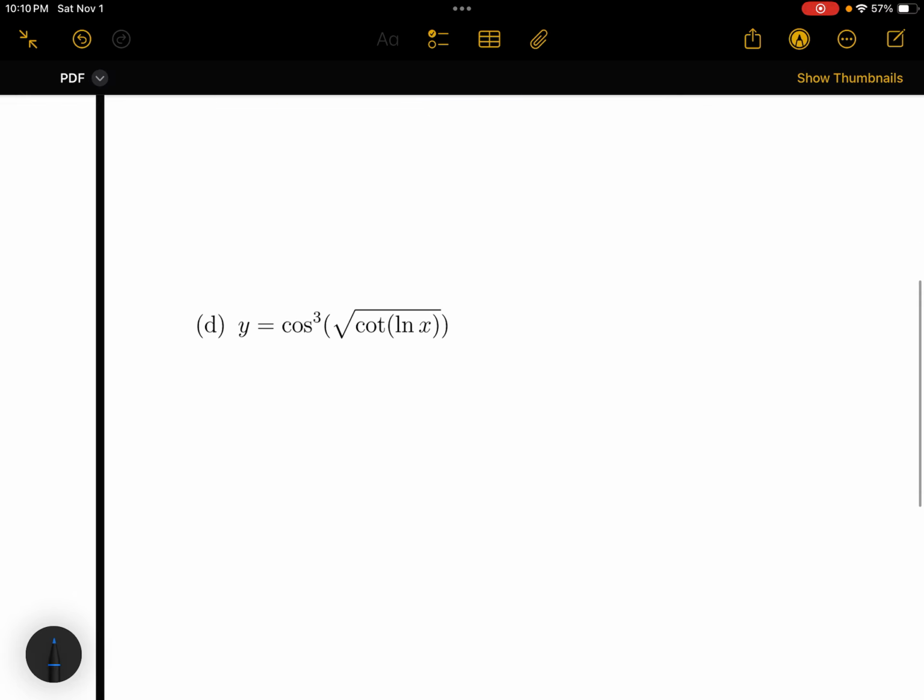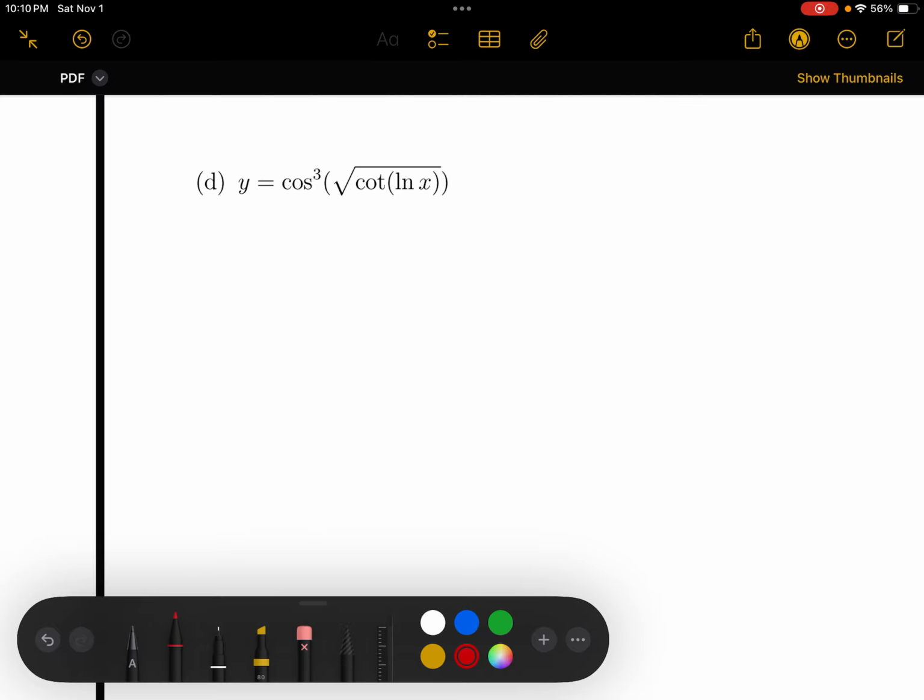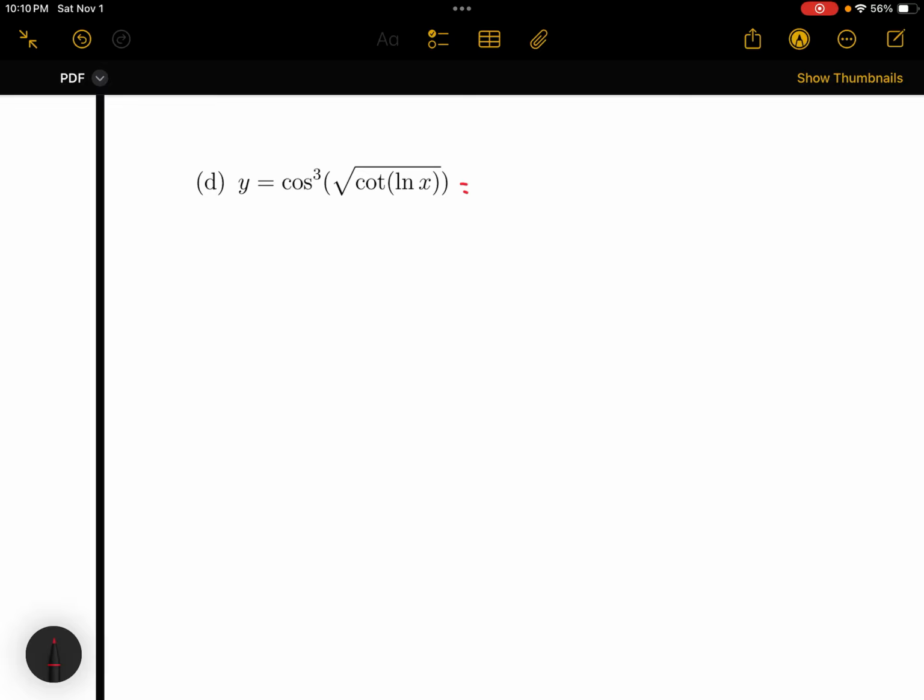Okay. Problem D. Okay, here we just have a very busy chain rule. So I'm going to rewrite this as cosine of cotangent of ln of x, then the cotangent is raised to power 1/2.